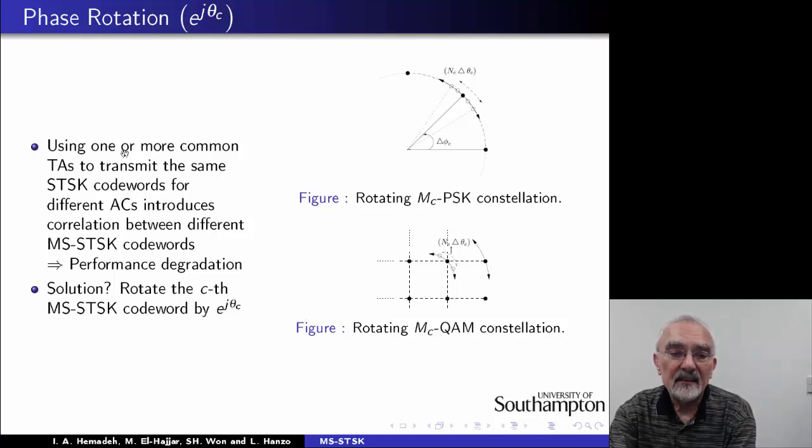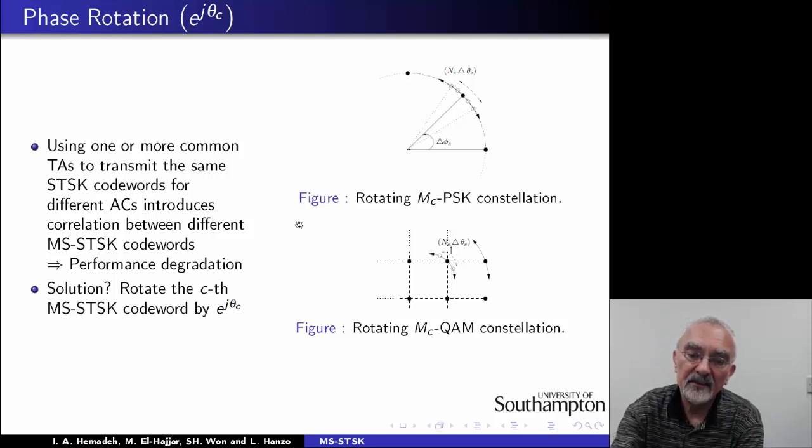Again, the reason is that if we use one or more common transmit antennas in the same space-time shift keying code word, this potentially imposes correlation, and that degrades to a degree the achievable performance. And so another feature of the proposed solution is that we introduce a phase rotation e to the power j phi c.